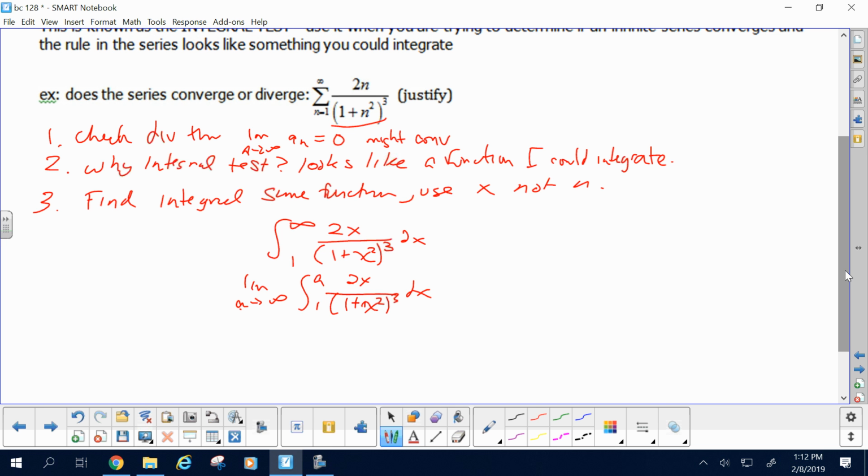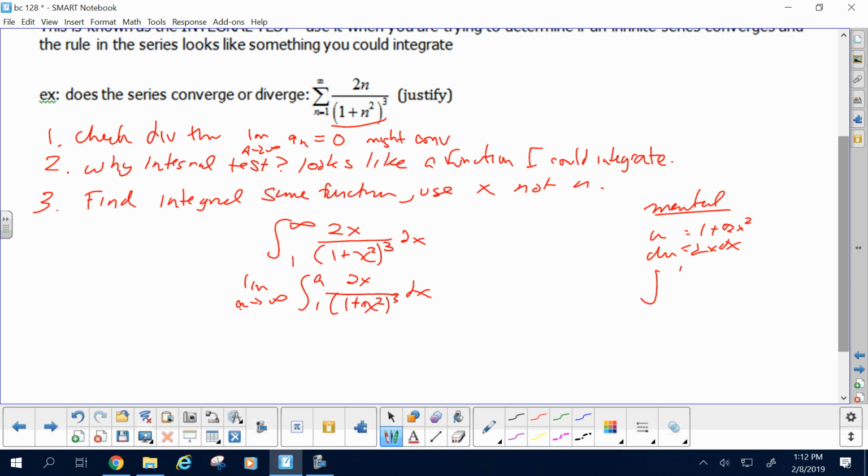Now, what I would prefer is some mental or scratch work use of substitution. What is u? 1 plus x squared. What is du? Okay, so it feels like everything is going according to plan. du is exactly what I want it to be, no adjustments necessary.